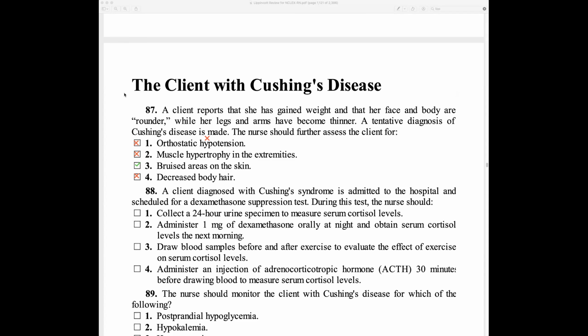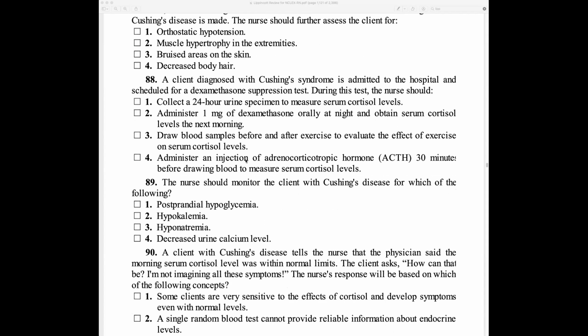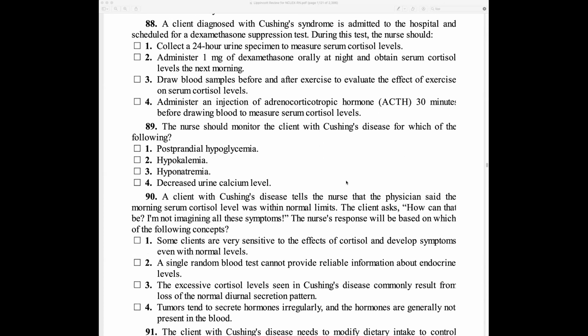All right. Then we're going to do question 89. The nurse should monitor the client with Cushing's disease for which of the following?